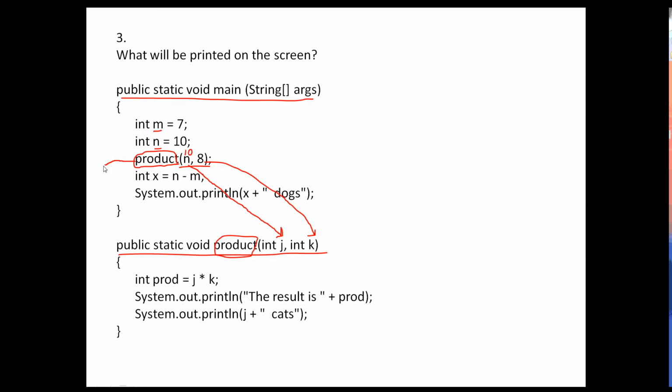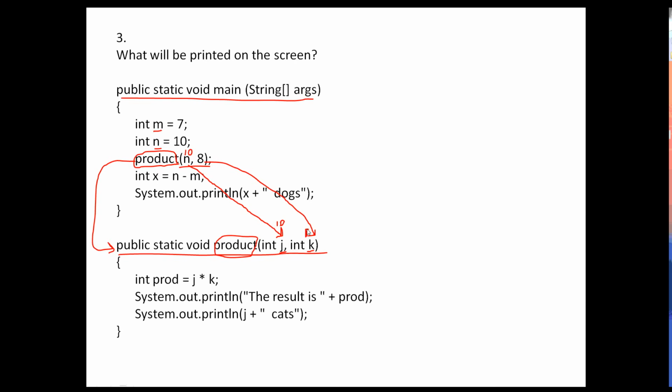So the product method call invokes, sets into operation, activates this method. The first thing this method does is it has to set up memory locations for j and for k. Those memory locations then receive the 10 and the 8. So the j is 10 and the k is 8.